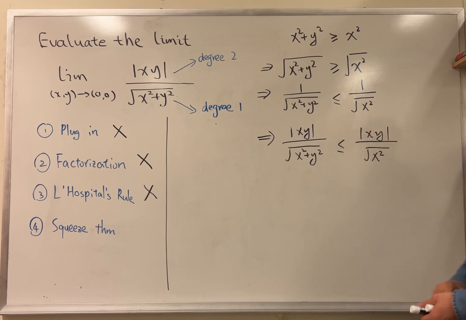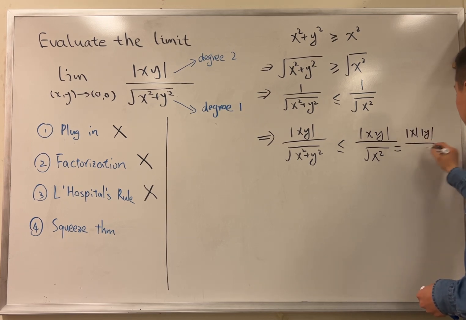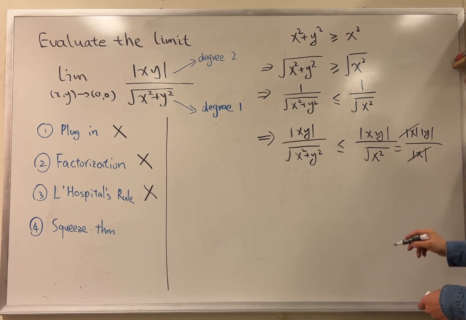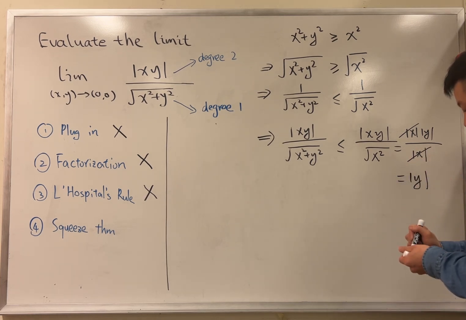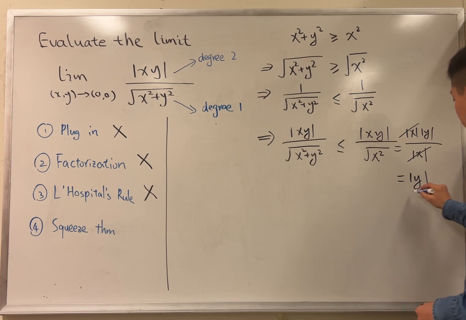And then for the top, we can write that as product of absolute value of x times absolute value of y. Okay, so this is absolute value of x. So now we can see that we can cancel this absolute value of x, leaving us with only absolute value of y on the right hand side, which is going to be our upper bound function.